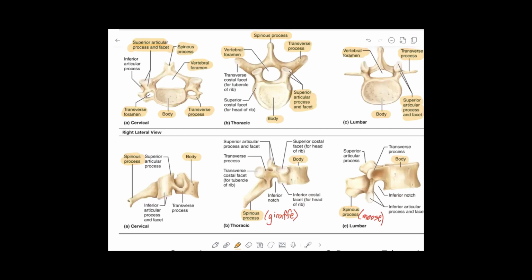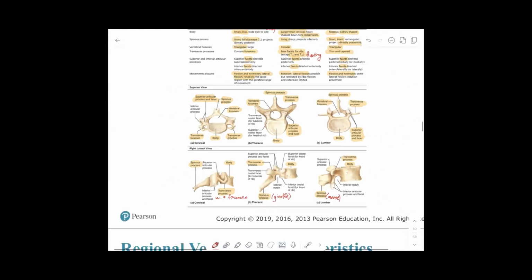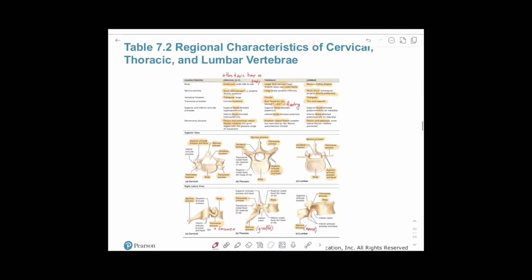We have the transverse processes and the transverse process here, again with a foramen. And then you can see the other processes on those vertebrae. So for lecture, make sure that you know the difference between the different regions of the vertebral column.